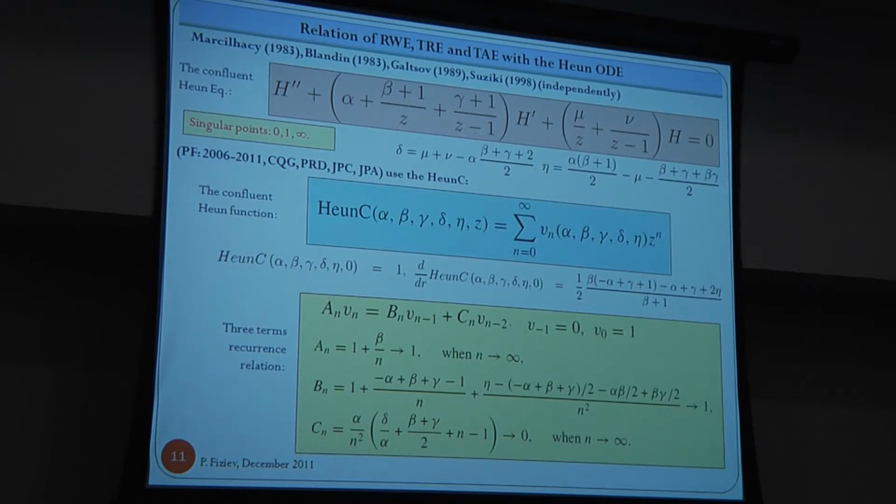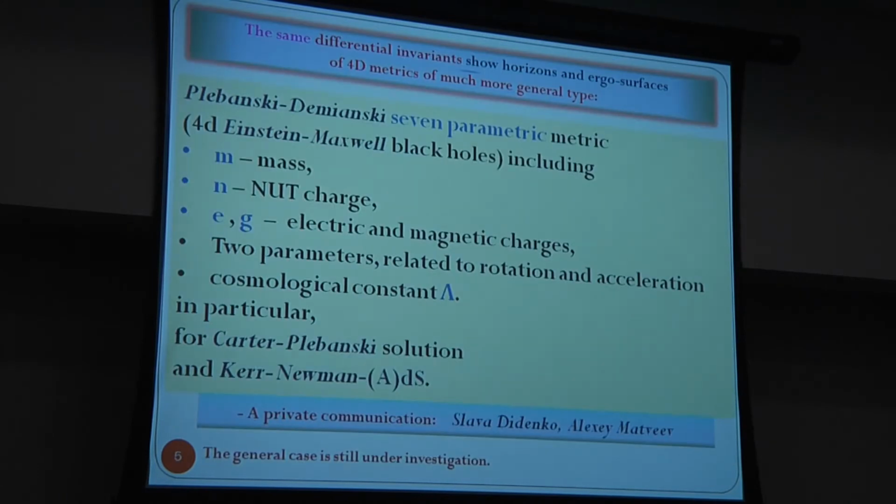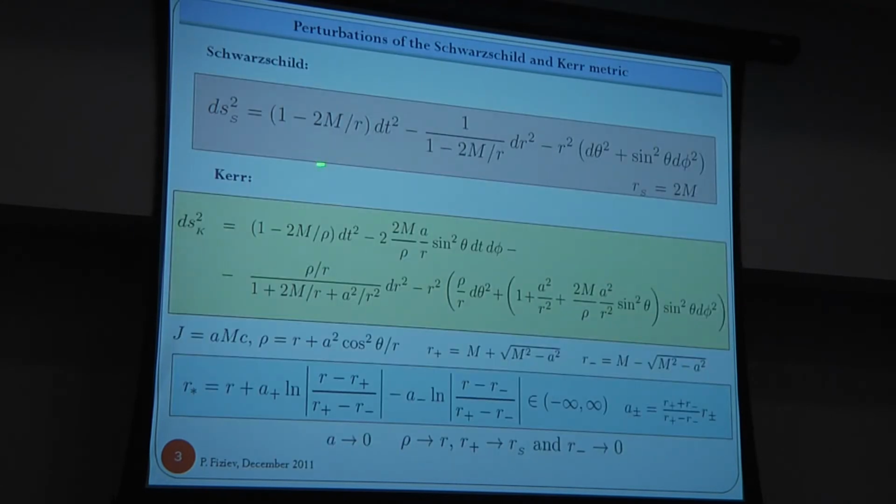Yes, I understand. Let me explain in more detail. In the Schwarzschild solution, we have a very terrible singular point for algebraic invariants, r equals 0, and we have a horizon. Here in the Kerr metric, r equals 0 is not a singularity at all, and we have two horizons.